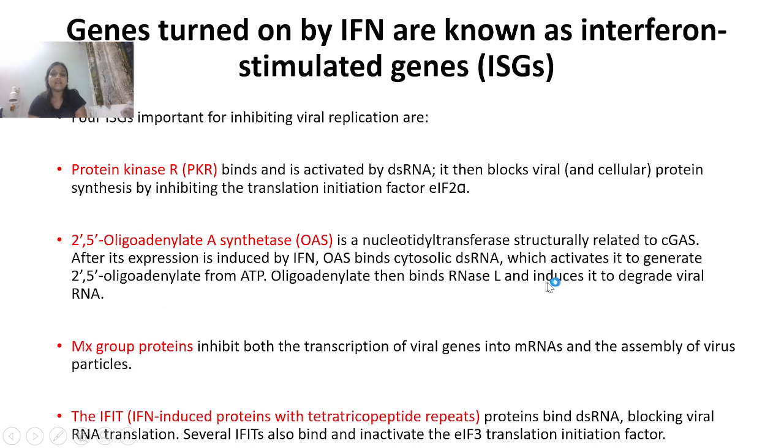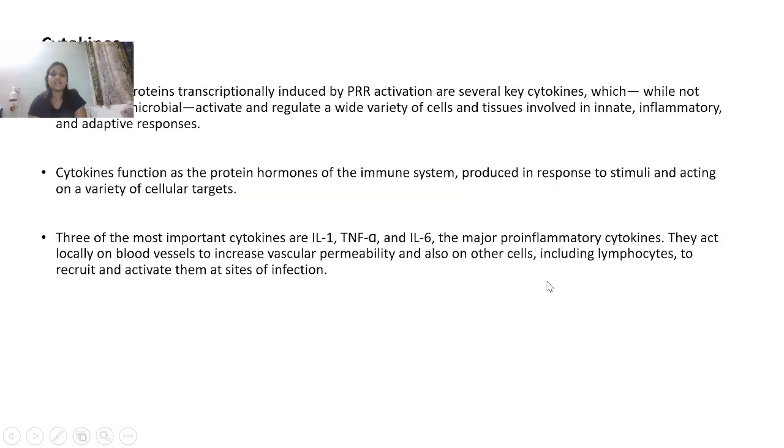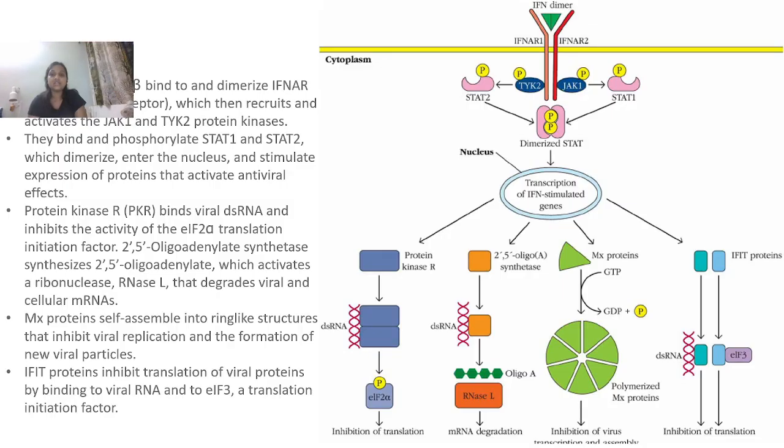Oligoadenylate then binds RNase L and induces it to degrade viral RNA. So here OAS is synthesizing 2',5' oligoadenylate, which activates a ribonuclease, RNase L, and that degrades the mRNA of the virus as well as cellular mRNA.